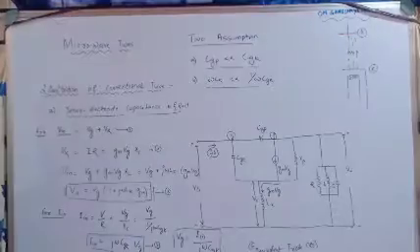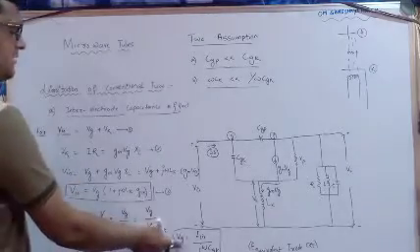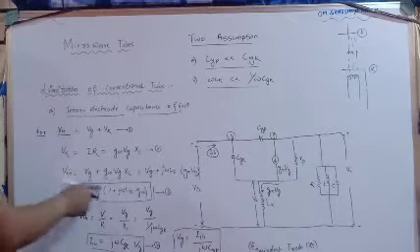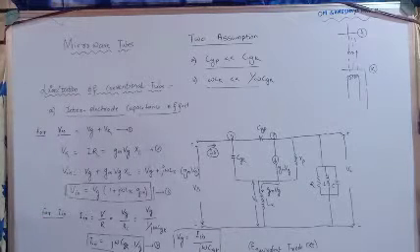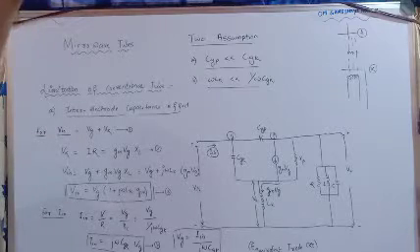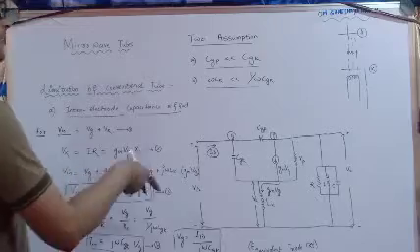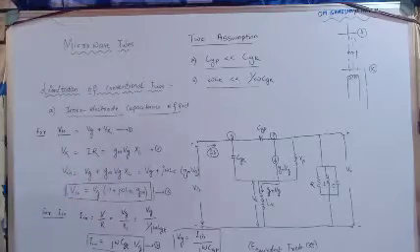Now in place of Vg, substitute this value so that the total equation becomes in terms of V in and I in. And then you can take the V in by I in ratio so that input impedance can be determined. Okay.